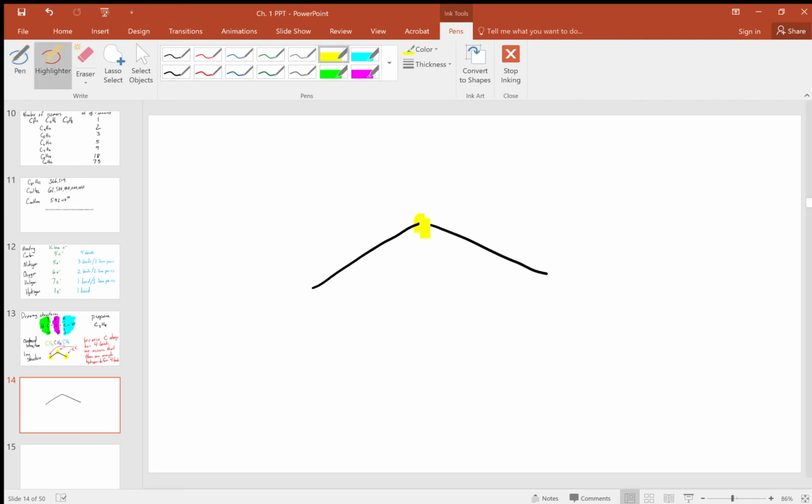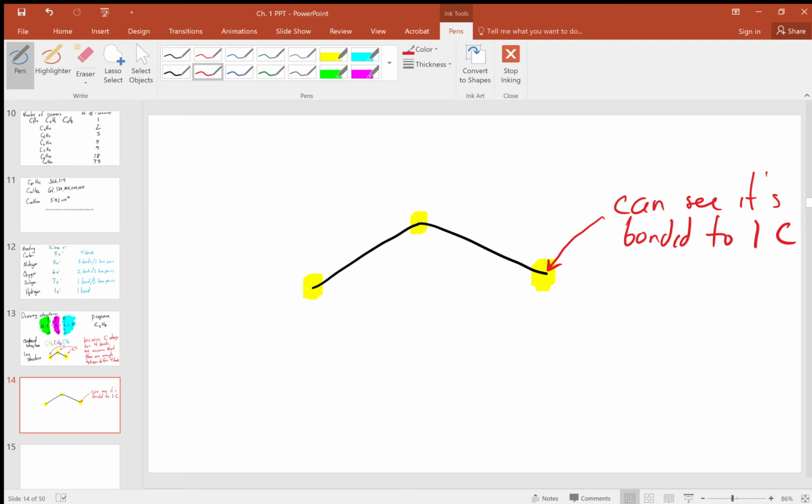So we've already established that there's a carbon here, carbon here, carbon here. So again, what about the hydrogens? Well, let's look at this first carbon. How many bonds do we see for this carbon? We can see it's bonded to 1 carbon. That's what the straight line coming out of it is. So how many hydrogens does it have?